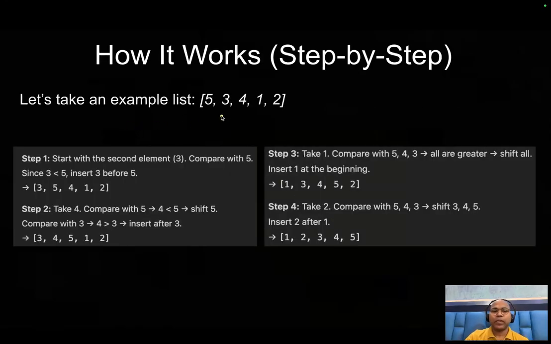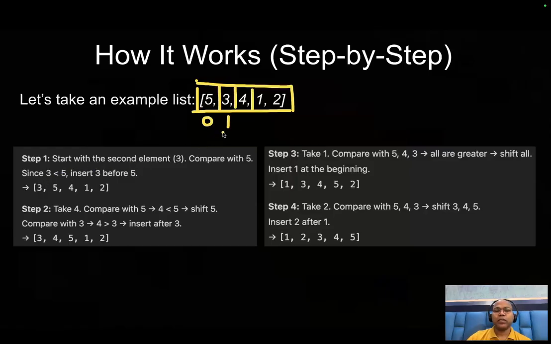So for example, let's take the numbers 5 3 4 1 2, and let's see the approach for insertion sort. First, you start with this element, and the first position is the sorted part.